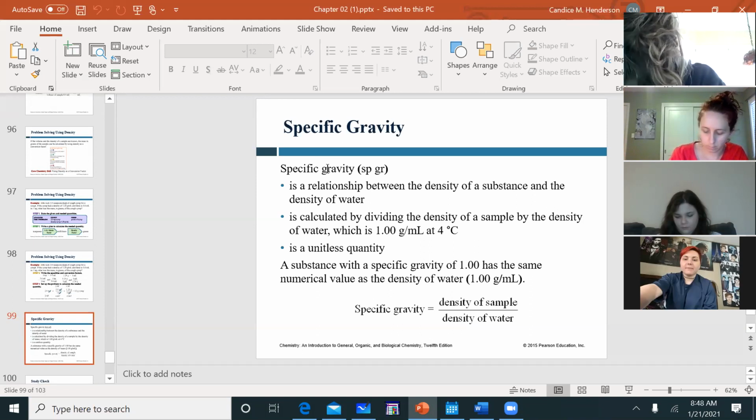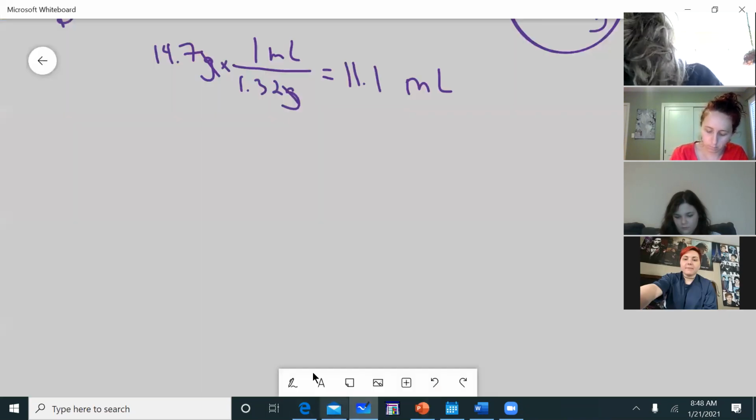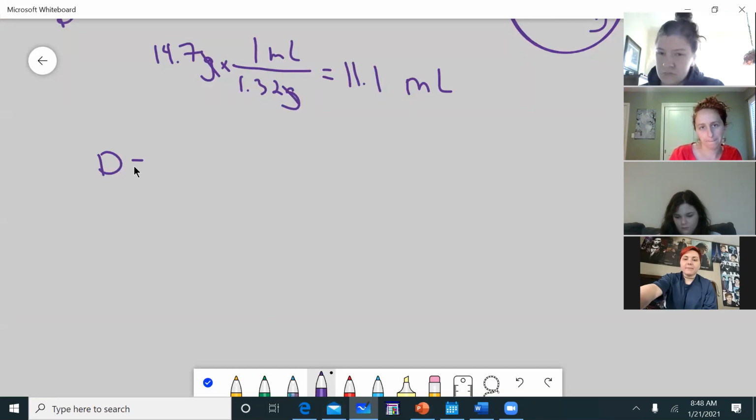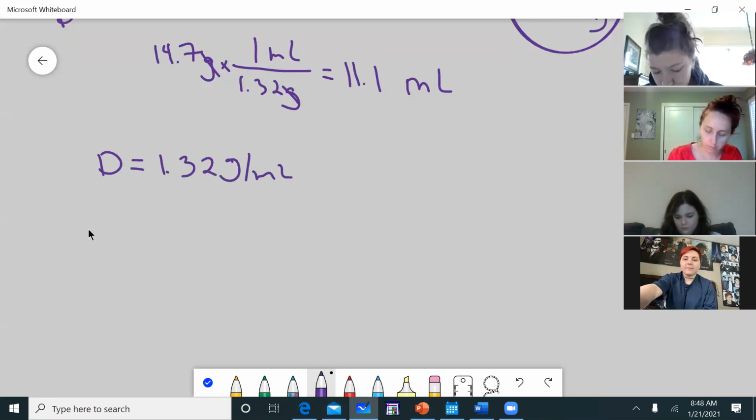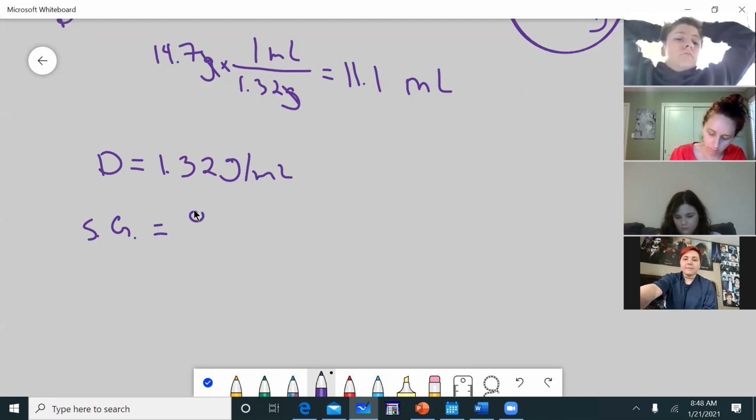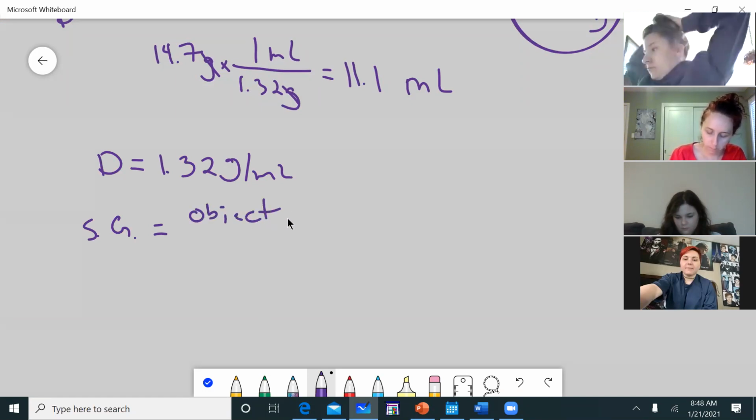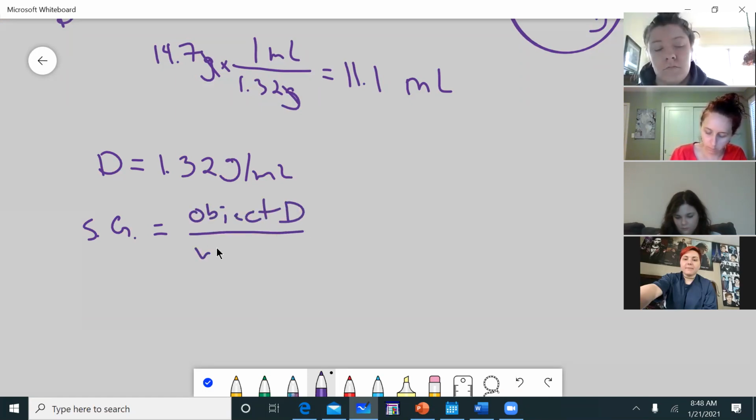So like if I have that 1.32 and I want to find its specific gravity. So we know density is equal to 1.32 grams per milliliter. And I want to find the specific gravity. Specific gravity is taking your object density and dividing it by water's density.